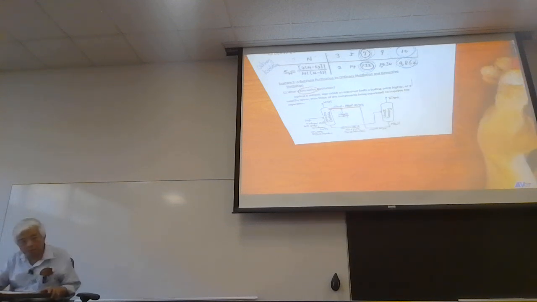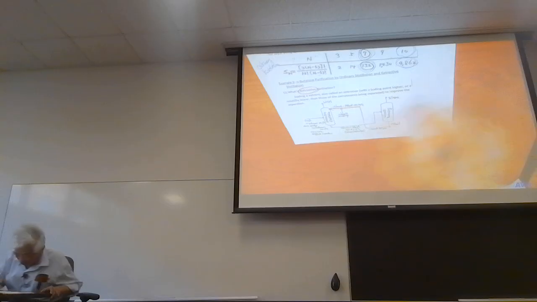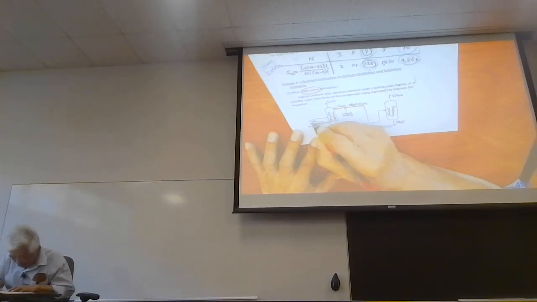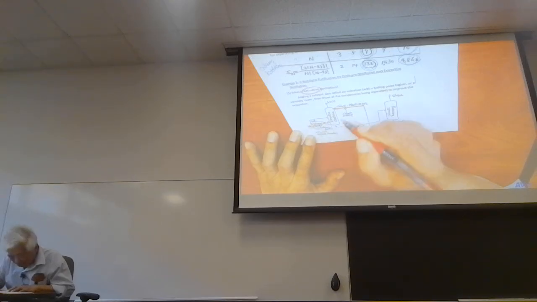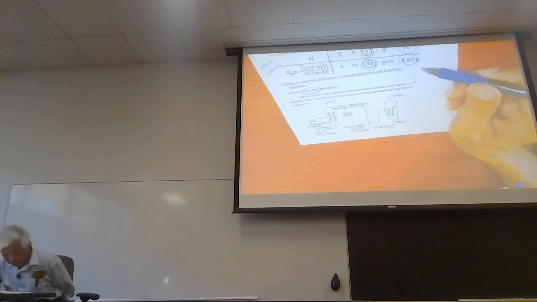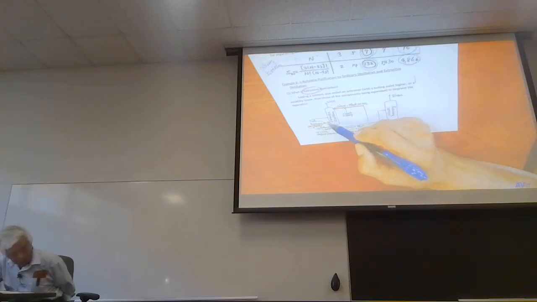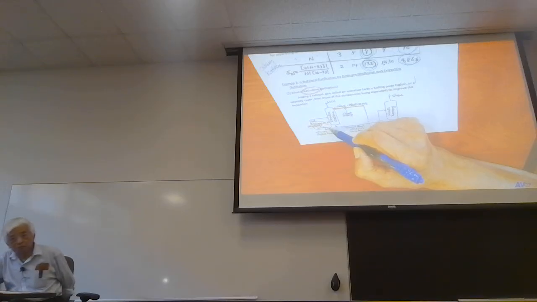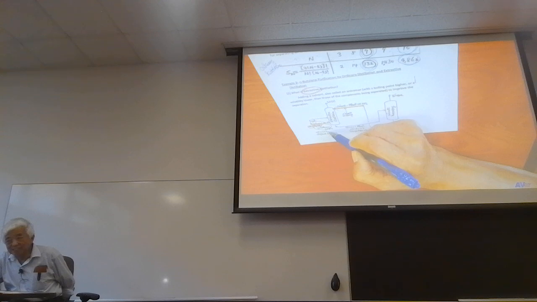Your primary components in the feed, toluene, MCH, methylcyclohexane. What's special about those 2 components? Boiling point, 100.6, 100.9. The boiling point difference, less than 10 degrees, is a challenging, difficult separation.